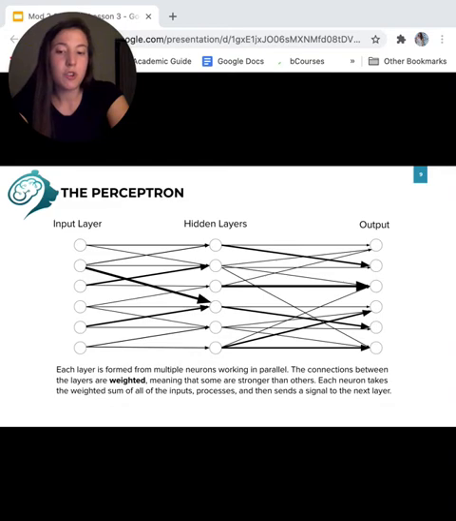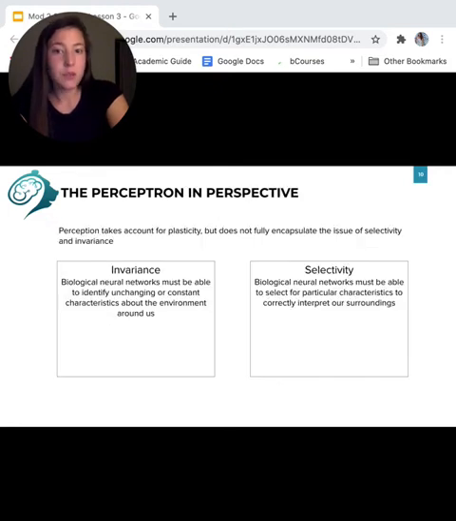It doesn't capture all of the complexity of biological neural networks, but it's the best simple explanation that we can give. And so, just to put it in perspective, while it does capture more complexities, it still does not capture every aspect of biological neural networks that make up all of our essential processes.